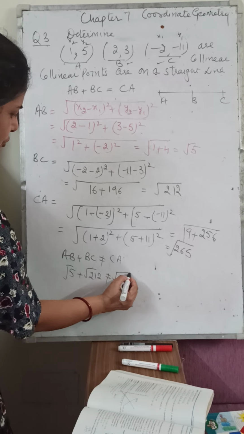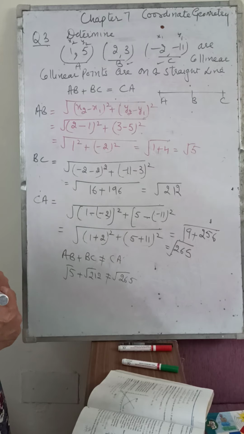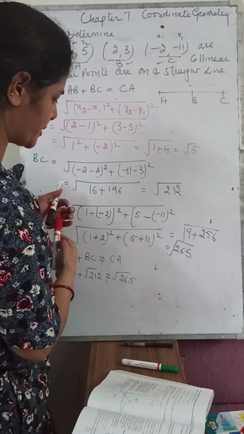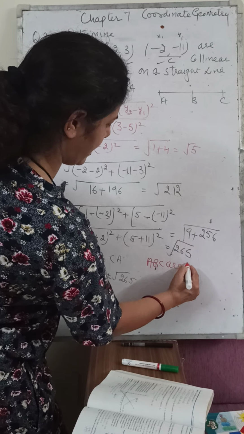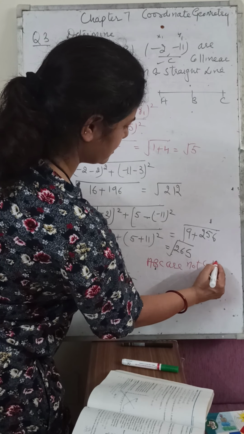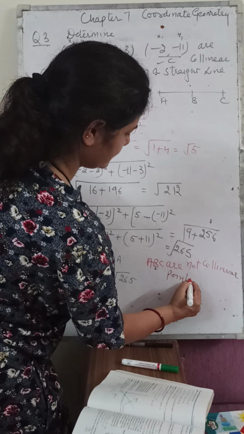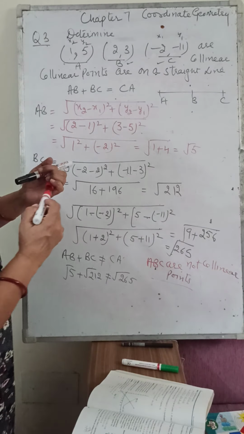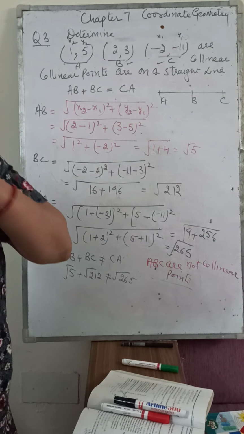It can't be equal to root 265. So when this possibility is not there, then you can say that A, B, C are not collinear points. They are not collinear points.